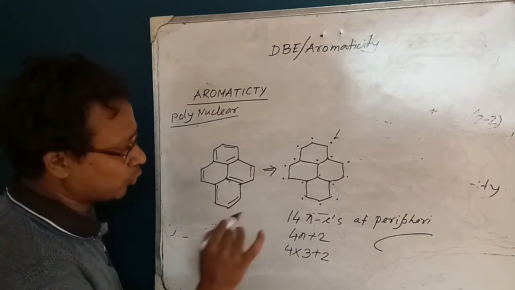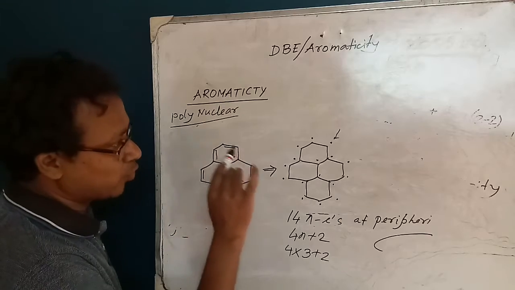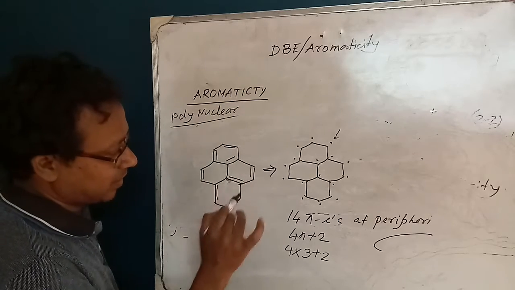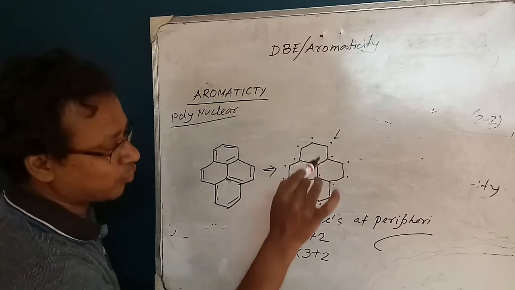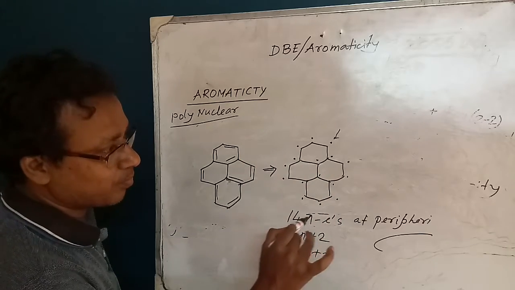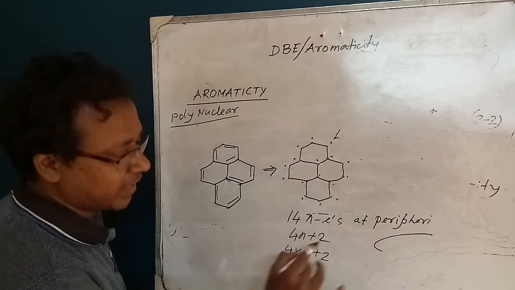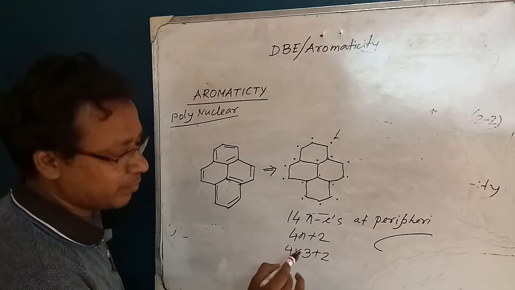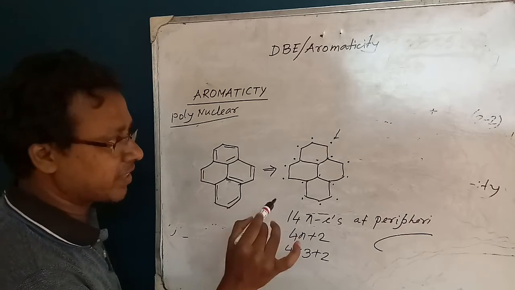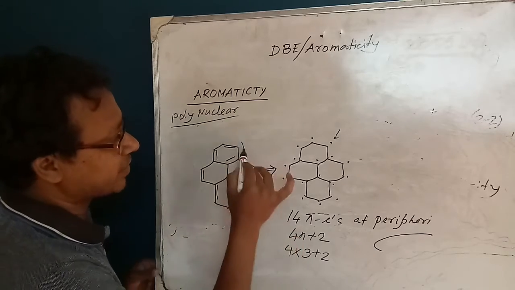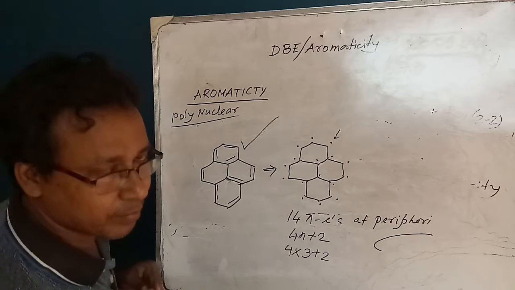Just go through the structure and put the dot marks in the correct position according to the double bonds and count the peripheral electrons to get the number of pi electrons in the periphery, and if it is following 4n plus 2, then it is definitely an aromatic compound. So it is an aromatic compound. Okay.